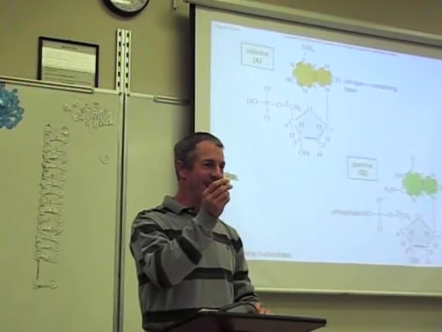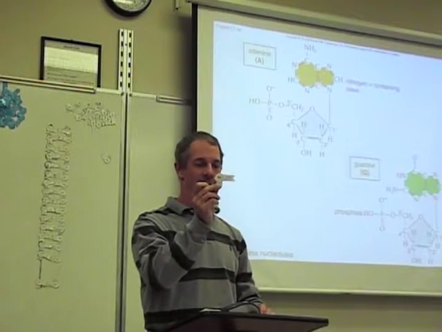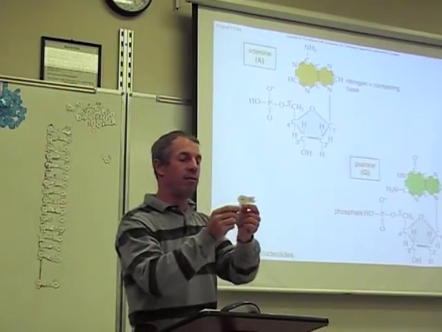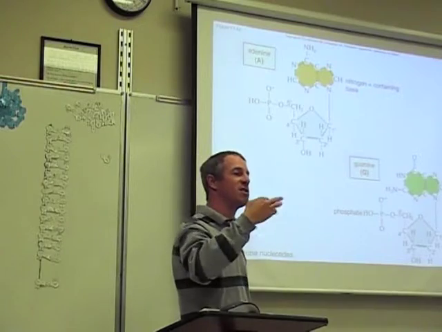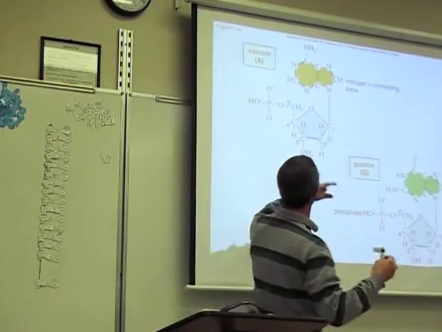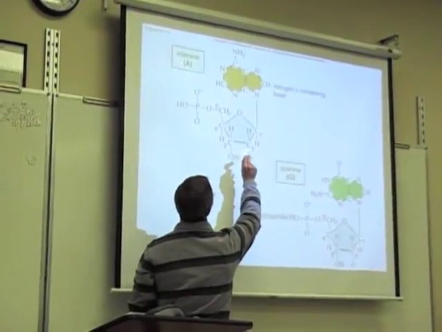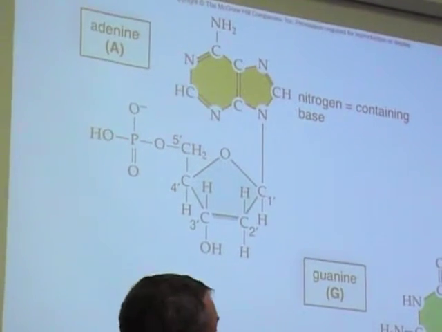Thingamajiggers. Nucleotides. Now, the one I'm holding just looks like this, but in actuality, if you could see the molecule up close, it would look more like this. These are nucleotides. A nucleotide consists of 3 parts.